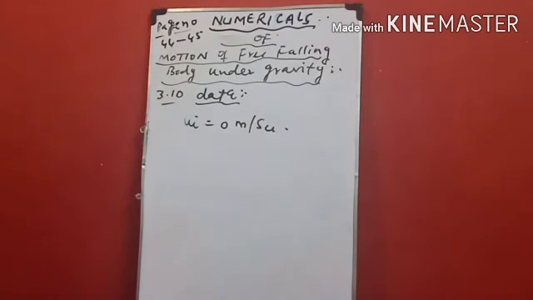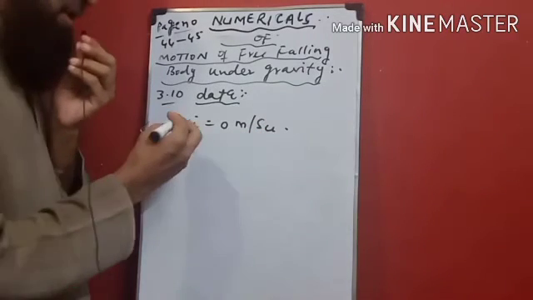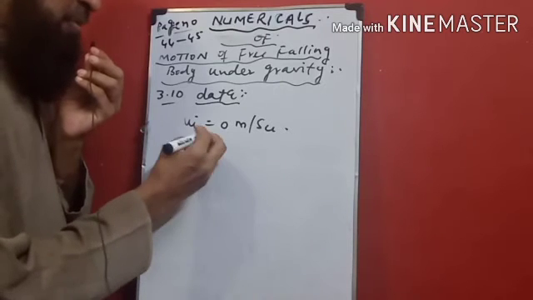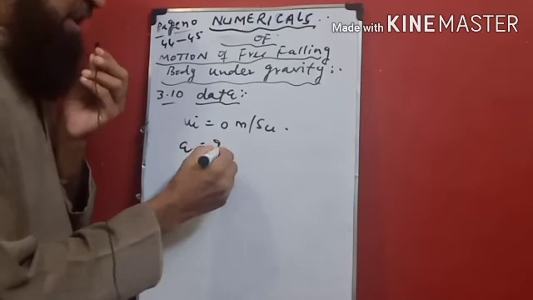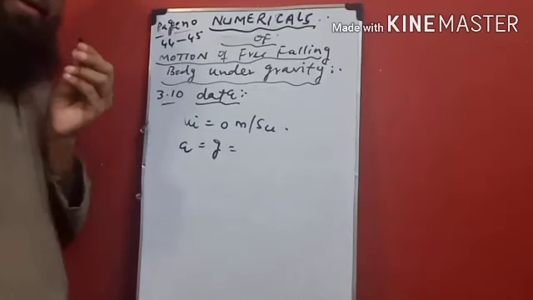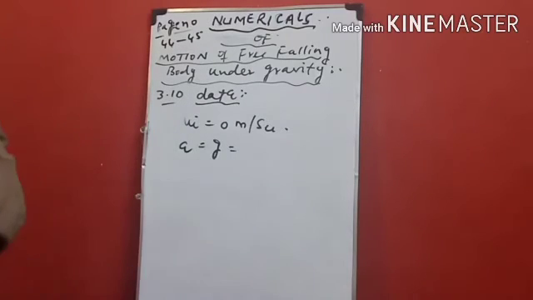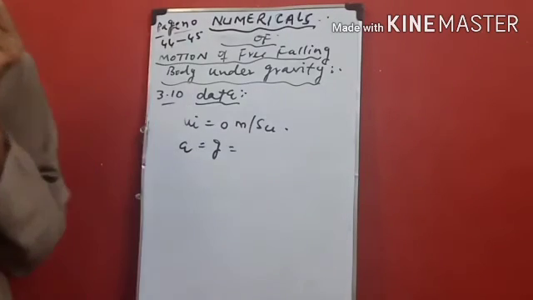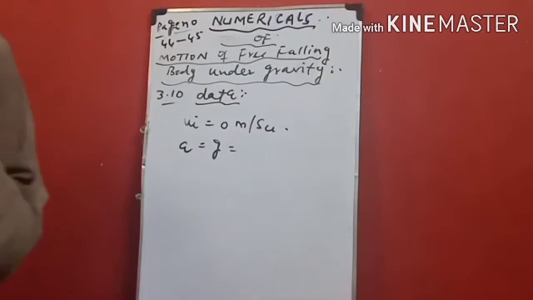Since the body comes towards the earth, the acceleration equals the acceleration due to gravity, which has the value 9.8 meter per second square everywhere on the earth.